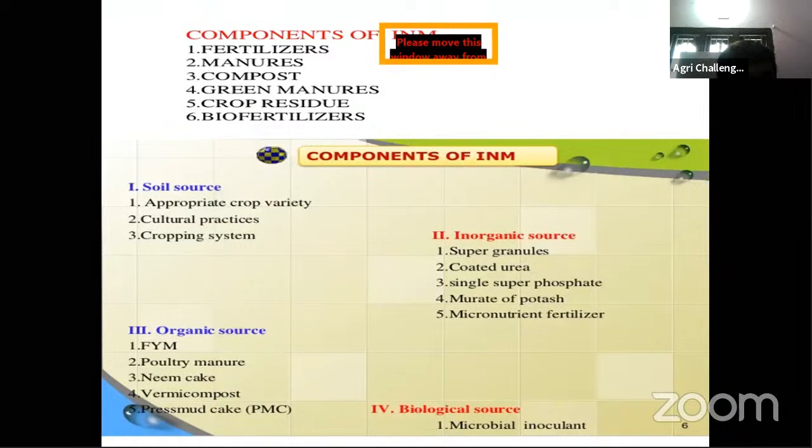You have to go with a combination of more than one of these components for better management of soil health and plant production. Components also include soil sources, selecting an appropriate crop variety, following cultural practices timely, weed management and intercultivation operations, and a cropping system, like a legume based cropping system.